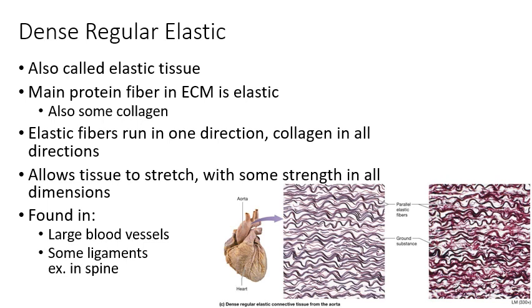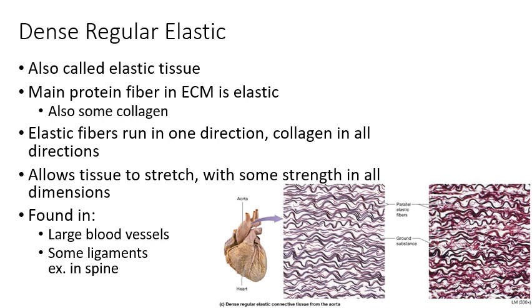Next you have dense regular elastic connective tissue. It's also sometimes called just elastic tissue if you're looking at an older source. So the main protein fiber in that extracellular matrix is the elastic fiber. There's also some collagen to provide just general strength, but it's mostly elastic fibers.